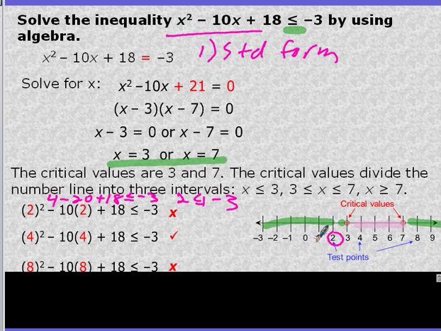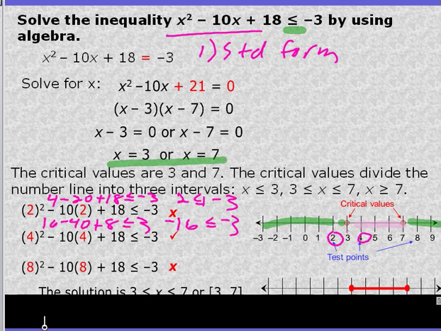Then they're going to check x equals 4, which is this point. Plug it in, they get 16 minus 40 plus 18 less than or equal to 3. This is going to be 34 minus 40, which is negative 6, less than or equal to 3. This is true, so we know that 4 is in our solution region.